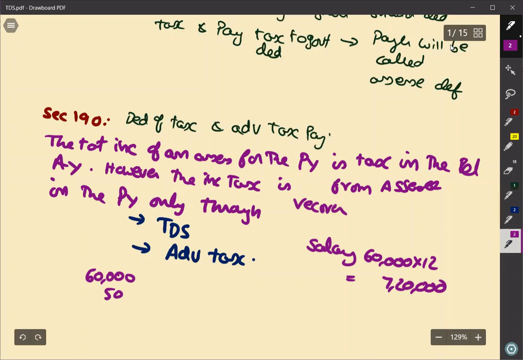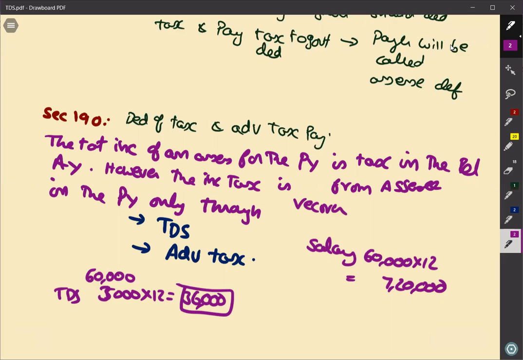Let us consider 3,000 rupees is the tax which the employer is deducting every month. So ultimately 3,000 into 12, 36,000 rupees is the tax deducted by the employer. Now, what you need to do? You need to pay tax on this 7,20,000. When? For this previous year 2019-20, you have to pay the tax on this 7,20,000 in the assessment year 2020-21.